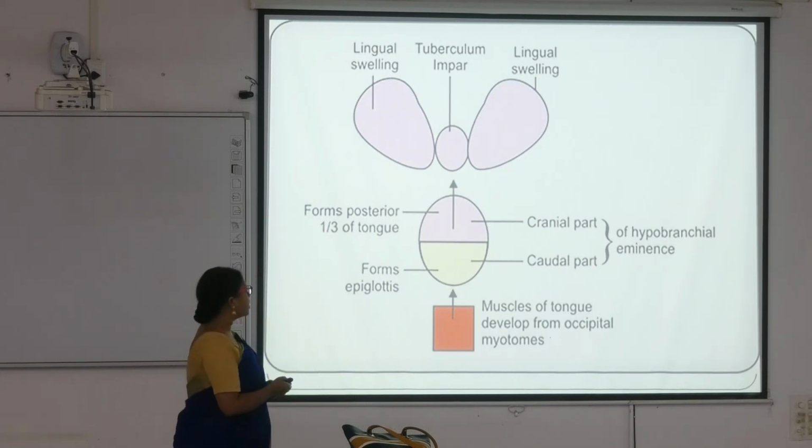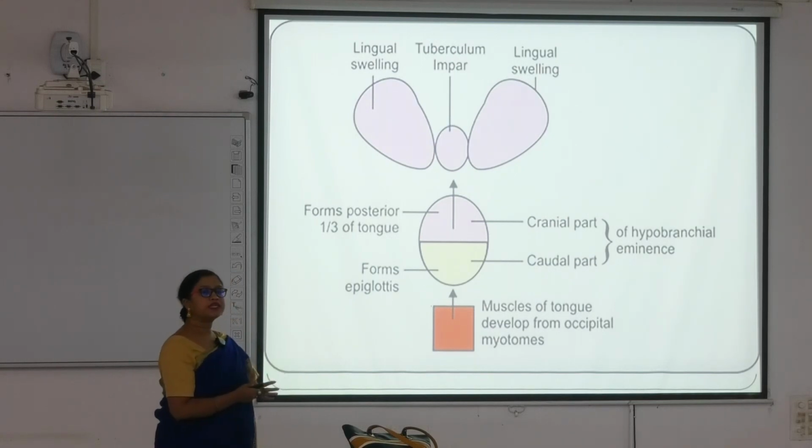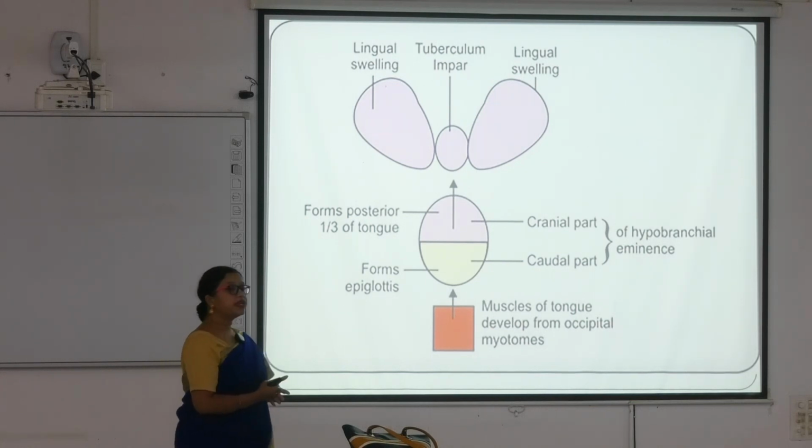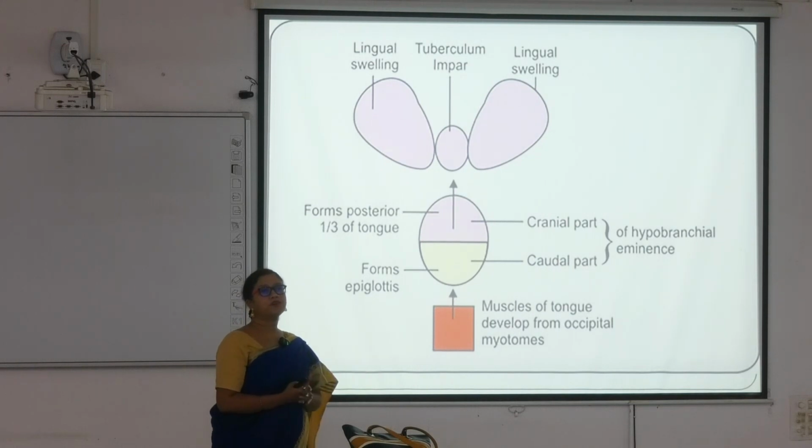Whereas posteriorly from the foramen cecum, additionally there is another swelling, that is the hypobranchial eminence. It has two parts, one is the cranial part, another one is the caudal part. But remember, these muscles are all developed from a separate source, that is nothing but the occipital myotome, right? This is the common origin of all the muscle in our body.